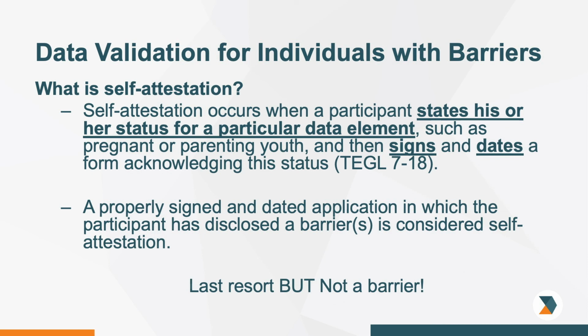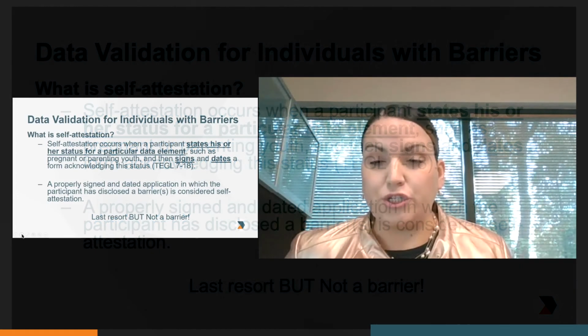Self-attestation is when the participant discloses that he or she has a particular status, a particular barrier, and then signs and dates a form acknowledging that. A properly signed and dated application in which the participant has disclosed having a barrier is considered self-attestation.